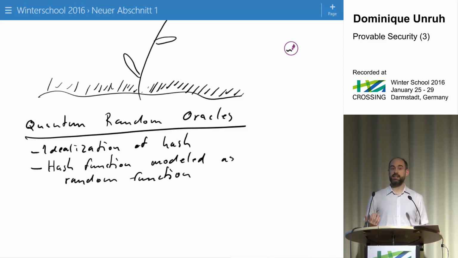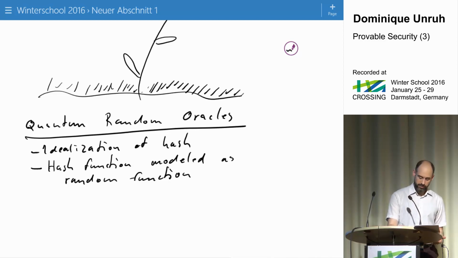And then we analyze the protocol using a totally random function, which turns out to be much easier in many cases. Or there are some protocols which we can only prove in that model. And then we use the following heuristic, which I call the random oracle heuristic.